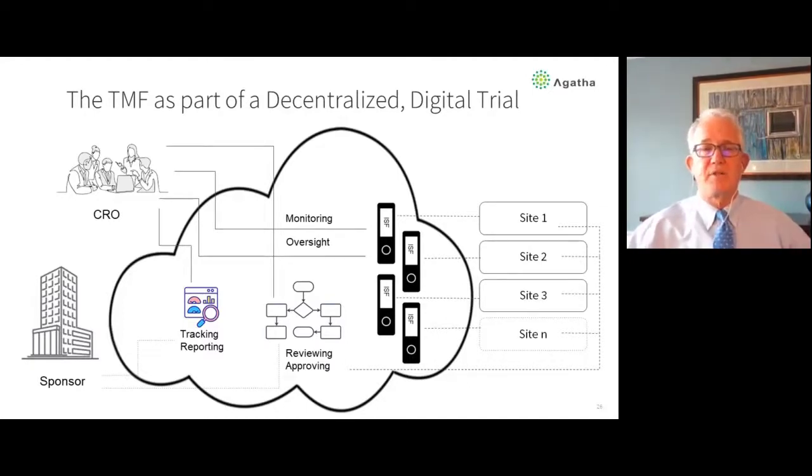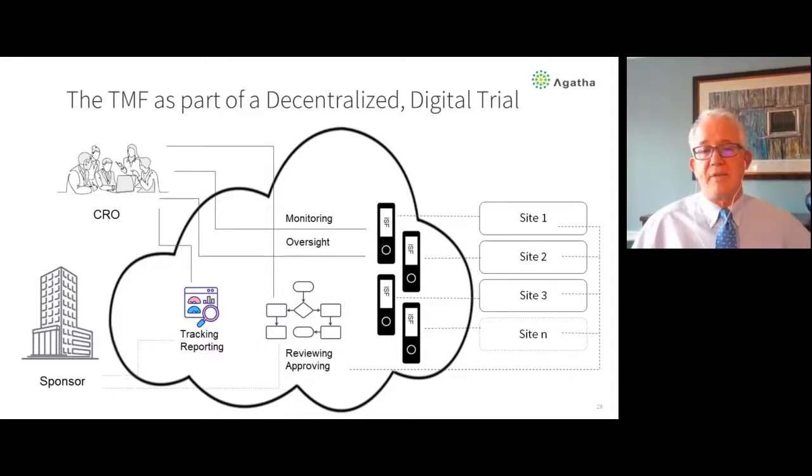Let me break down this picture for you. I have a sponsor on the left, nice big corporate building. I have a CRO here on the top left, lots of people working on lots of things. I have the sites. A TMF today can be not just a place to store documents by the CRO and sponsor, but a place for sites to set up the TMF, the investigator site file.